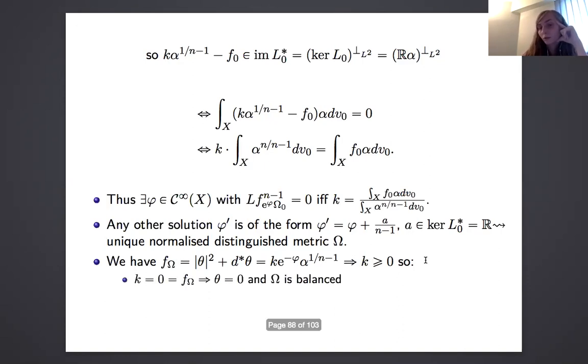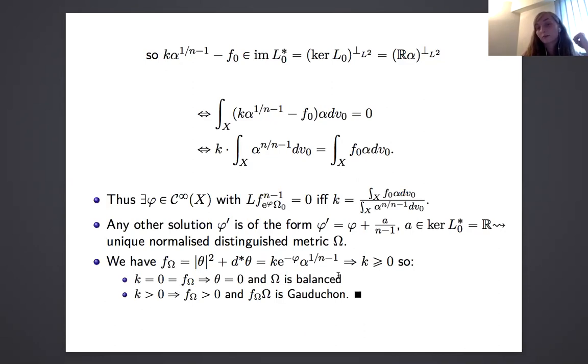And so we distinguish two cases. Either this constant is 0, which then means that the function is 0. After integration, you find that the norm of theta has to be 0, and so theta has to be 0. And this is the case when omega is balanced. Or you are in the second case where this constant is positive, and then this implies by this formula that F omega is positive. And so indeed, this metric will be Gauduchon.